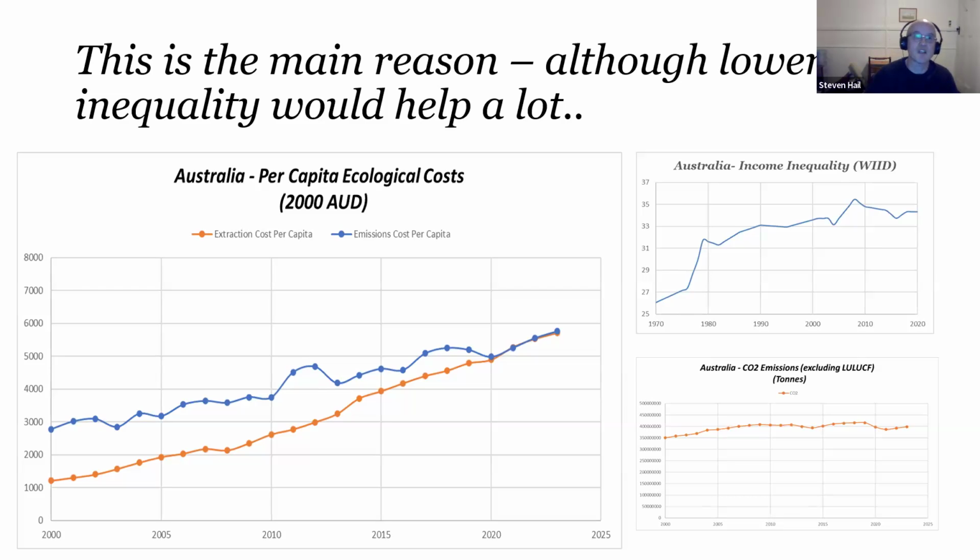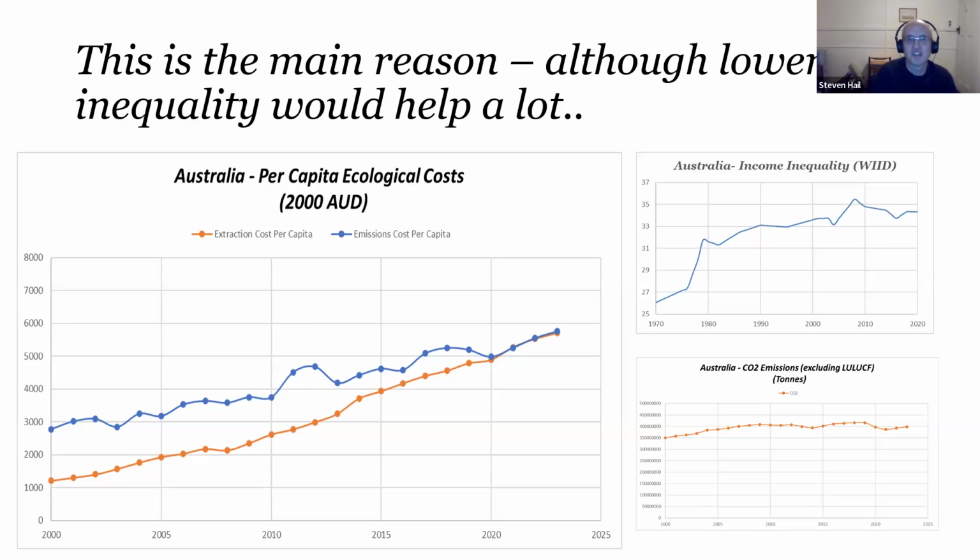And that's why you can see the blue line on the left here, which is emissions costs per capita, rising over time. And that's, as I said, carbon dioxide, methane, nitrous oxide, so it's CO2 equivalent emissions per person, valued. As I said, we were valuing them, so the real cost is increasing over time, so the emissions cost per capita is increasing over time.